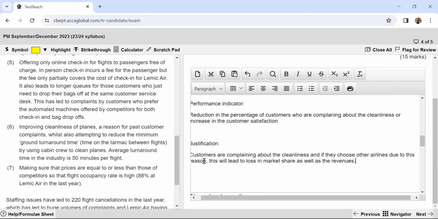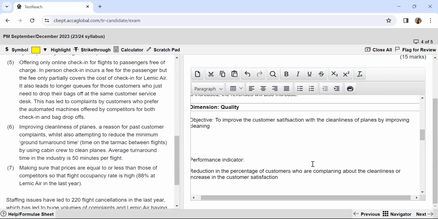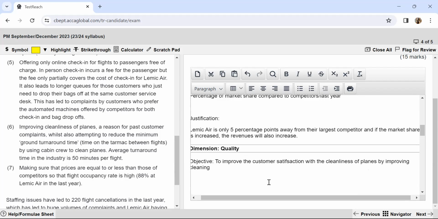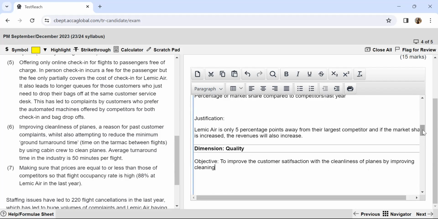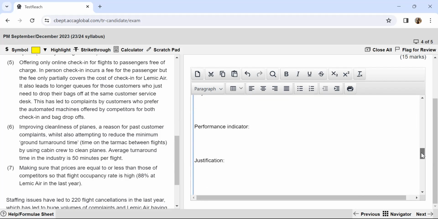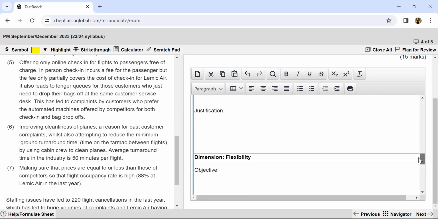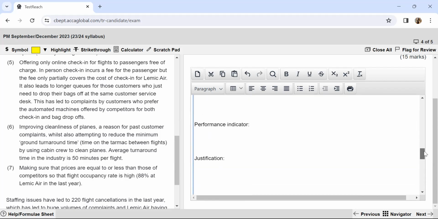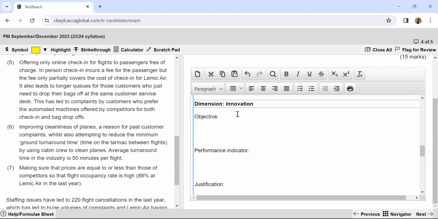So this is the justification for why we need to have this as our objective. Now moving on to the next dimension, which is innovation, and we're just left with flexibility and resource utilization after that. So let's go to innovation.